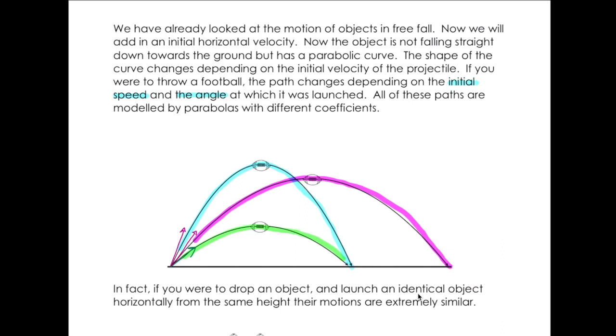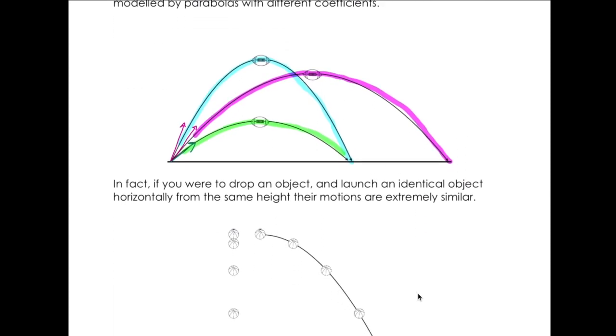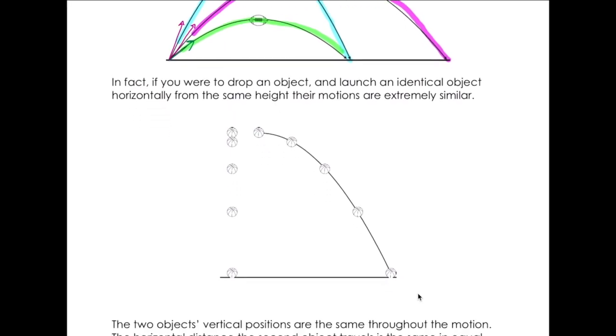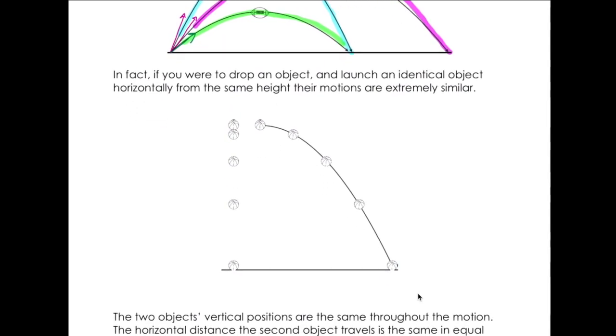If you drop an object and launch an identical object horizontally from the same height, their motions are extremely similar. Let's look at the vertical aspect, because we've already dealt with it before. For time 1, we have this distance here.